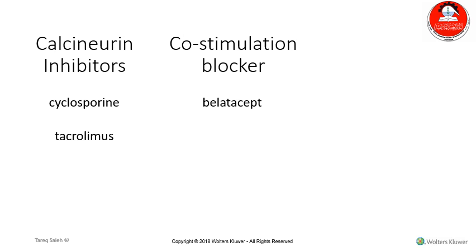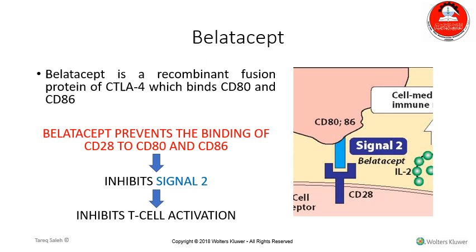The second category of maintenance immunosuppressants are drugs that interfere with the co-stimulation step 2 in T cell activation. Remember that signal 2 involves the direct binding of CD80 and CD86 receptors on the antigen presenting cells to the CD28 receptor on the T cells.